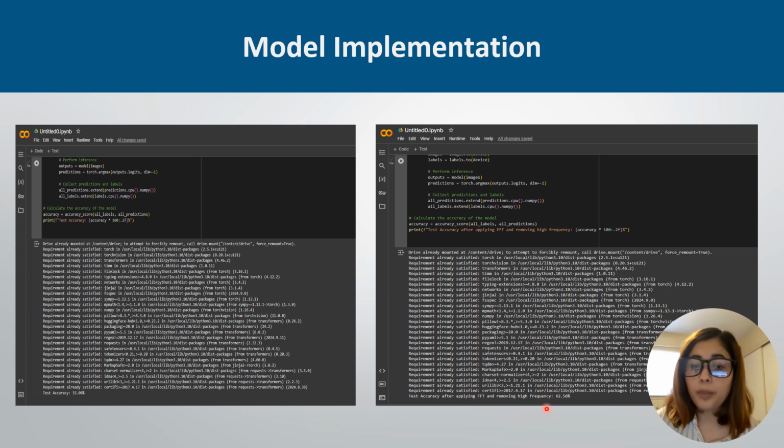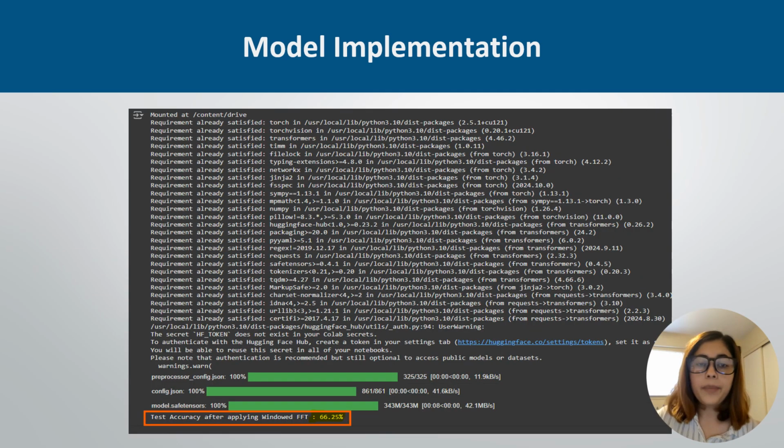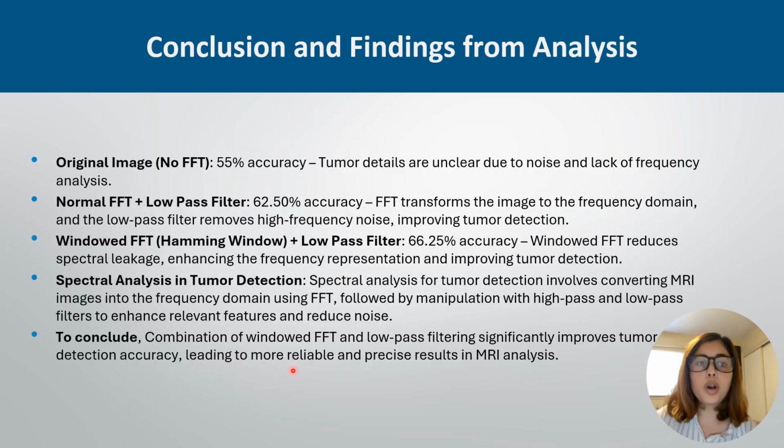After that, I applied normal FFT and low pass filter, and the accuracy improved to 62.50%. Then at last I applied Windowed FFT and low pass filter, and the accuracy improved to 66.25%.